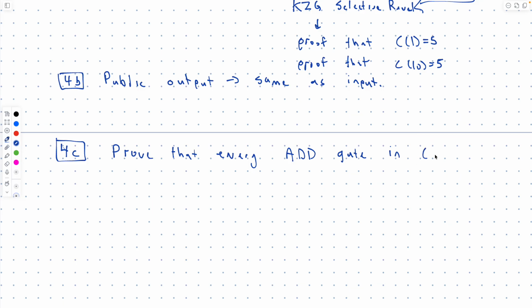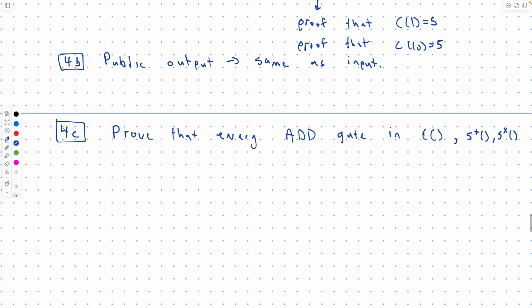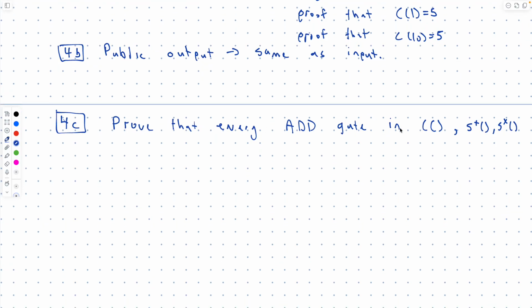The verifier doesn't have the polynomial, they just have a commitment to it, but C is the encoding of the trace. I can also include S plus because I'll need it. I'll put S multiplied here, although I won't need it for now. I want to prove that every add gate in C is correct.